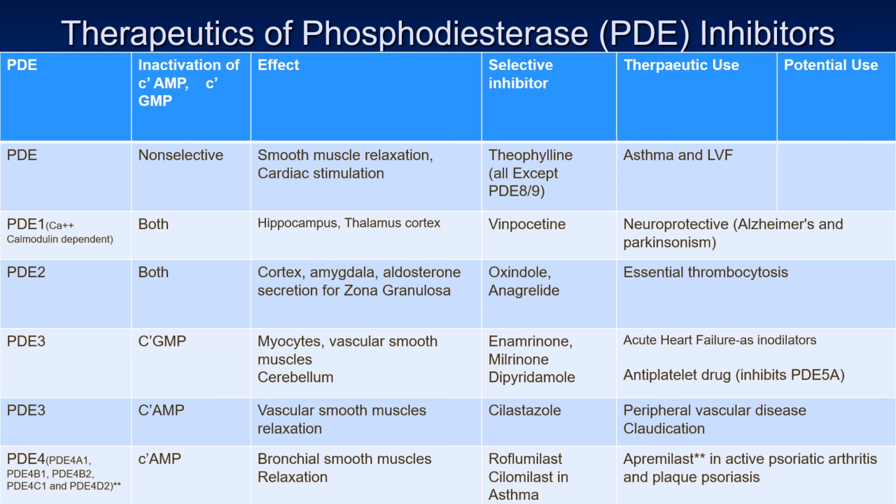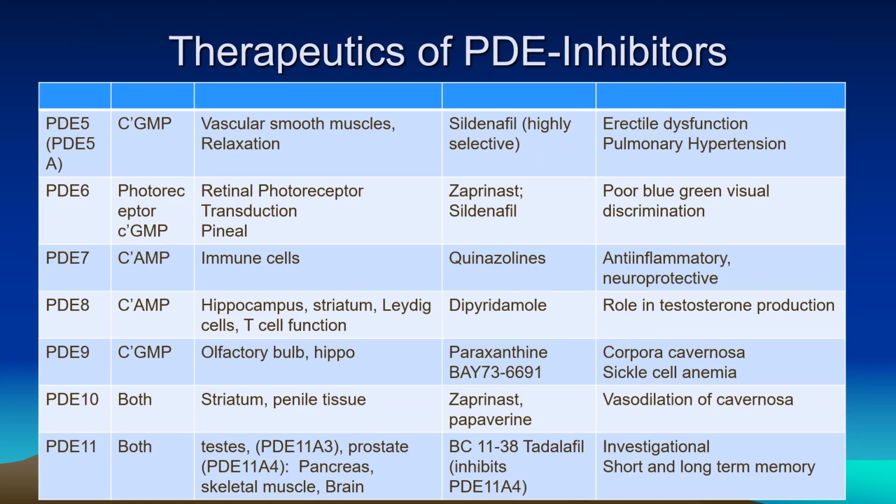For example, type 6 is found, as I told you, in the photoreceptors in the retina, and zaprinast and sildenafil may also inhibit type 6. Sildenafil's adverse effect of poor discrimination of blue-green is because of its inhibiting action on the PDE6 enzyme.